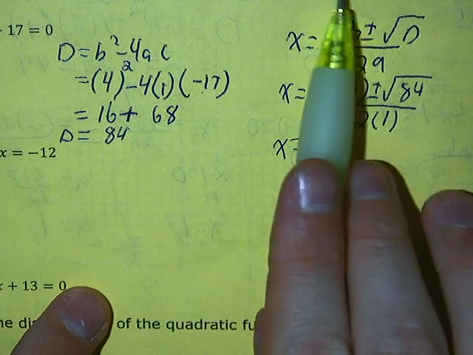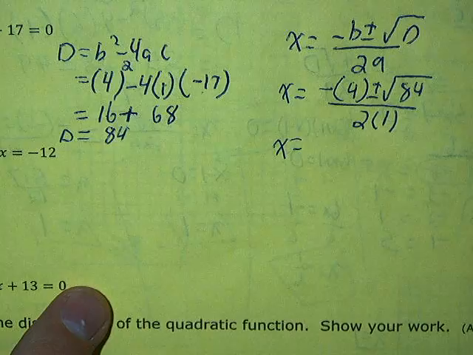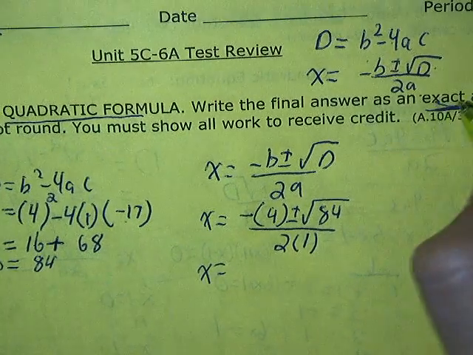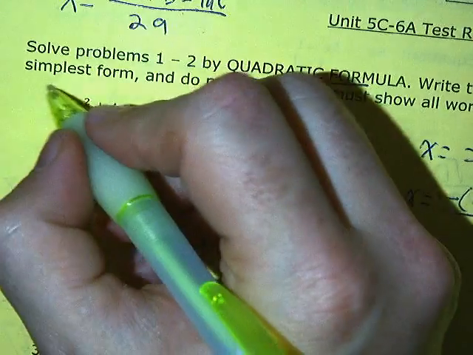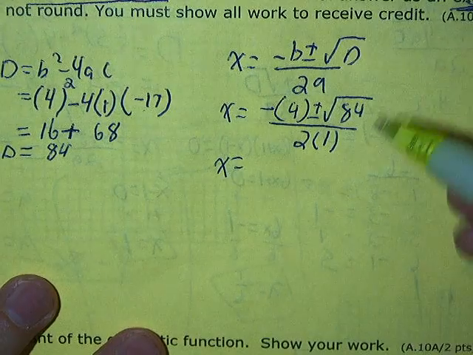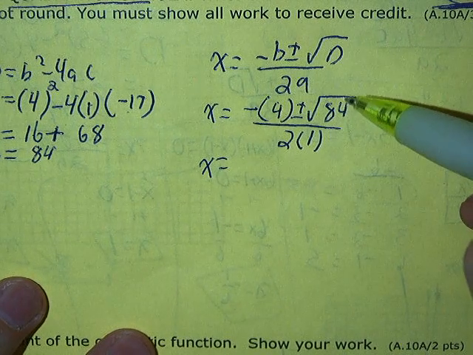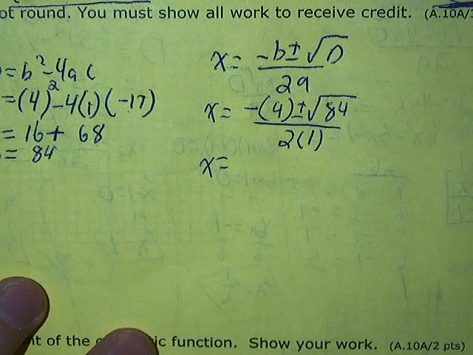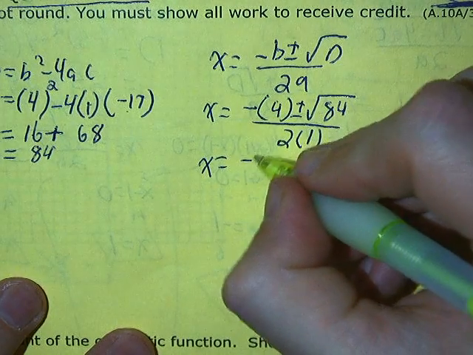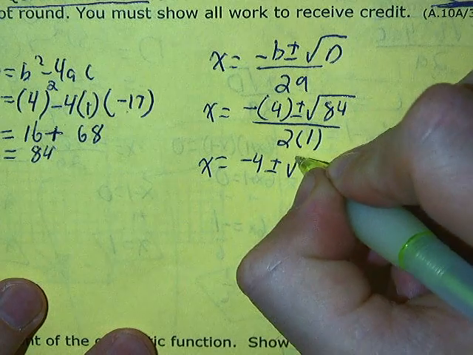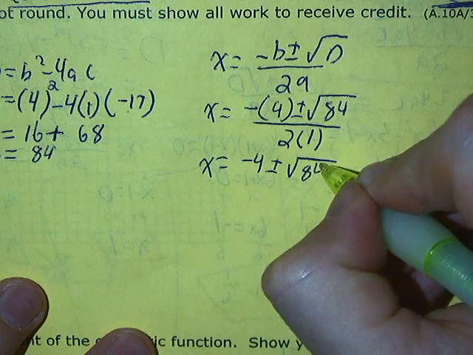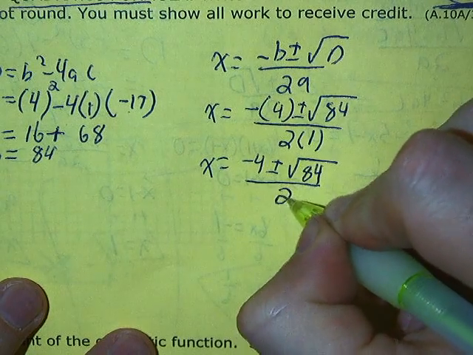Now, final answer as an exact answer in simplest form. Now, that means we're not going to round our square root. We're going to leave it as a square root, and we got to simplify this stuff up. Negative 4 plus or minus square root 84, all over 2. We're not going to clean this up unless it actually is a nice square root, but it's not.